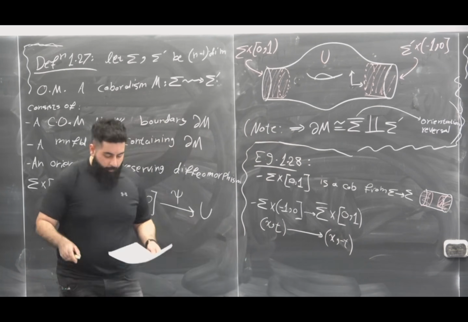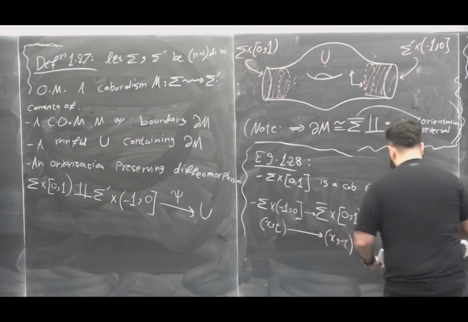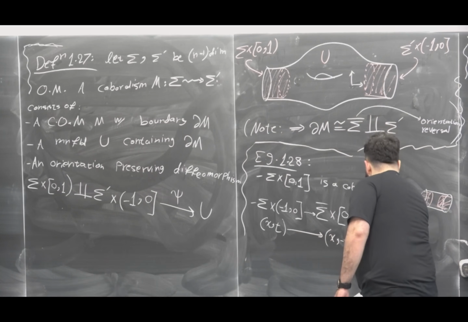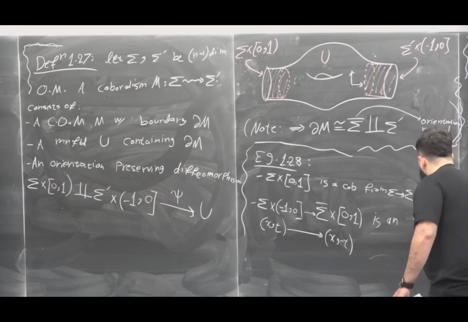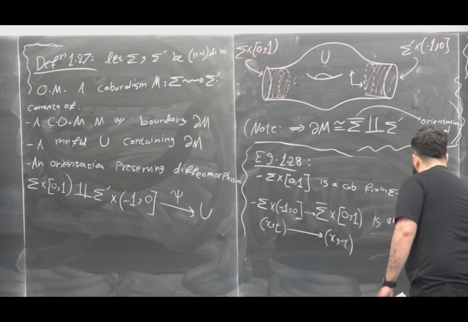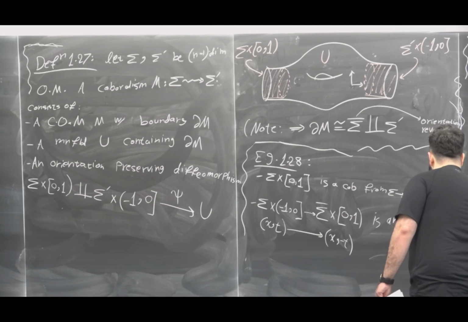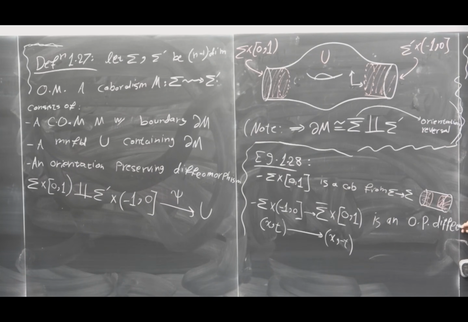This is an orientation preserving diffeomorphism. Especially quantum gravity theorists love to put diff as the diffeomorphism group, and when they speak, they always say diffeos.